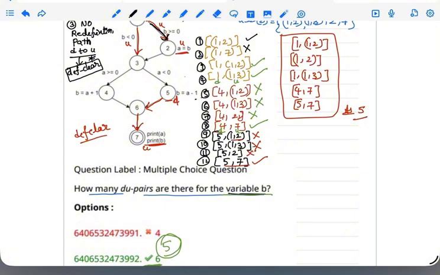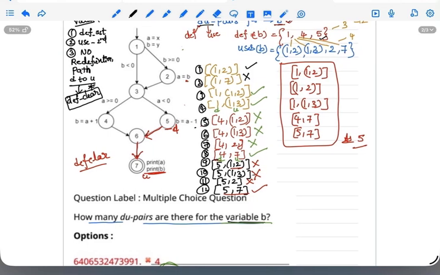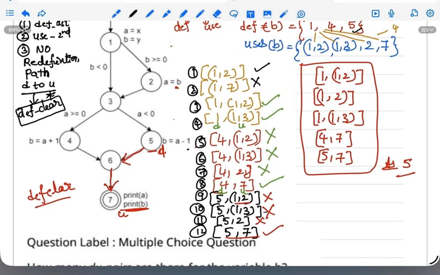Why is 1 to 2 not a unique du pair? They are asking for unique, right? This path 1, 2 has the definition at 1, and the use is at the edge 1, 2 and also at node 2. There are two uses, so they are considering unique definitions and unique uses, unique du paths. Because of that it's not a unique du path.